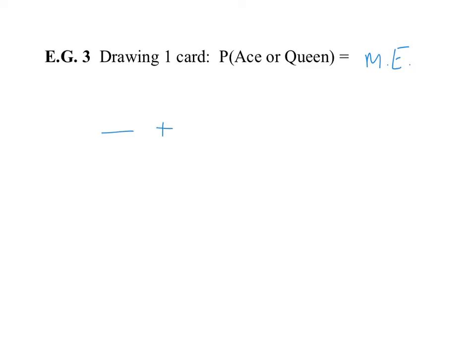So we have two adding ratios. One that represents all your aces and the other one represents all your queens. And so out of 52 cards each, we have a total of 4 aces, 4 queens, and then we add up the numerators and reduce.